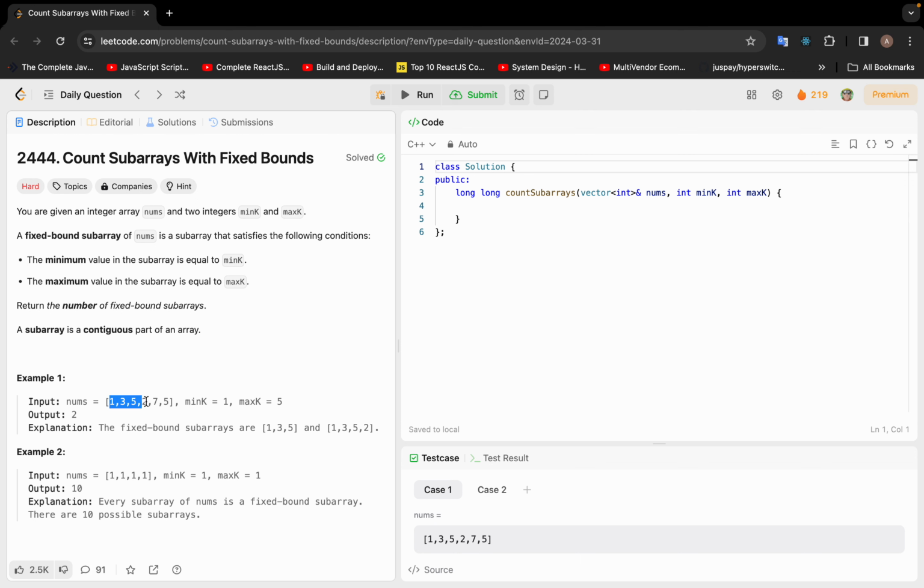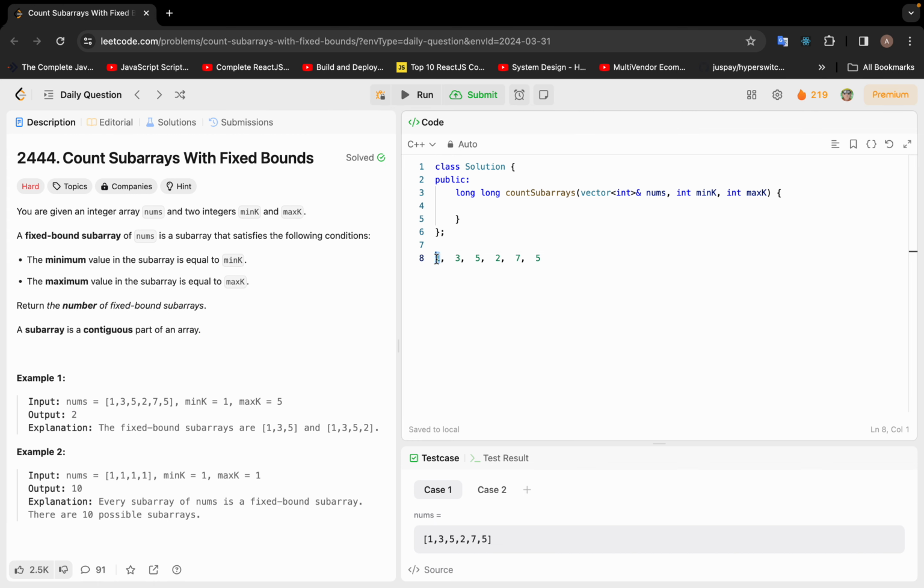Let's see how we can apply it here. Suppose I need to maintain the min value and the max value, 1 and 5. Although it's a tricky problem, because we need to maintain this minK and maxK.